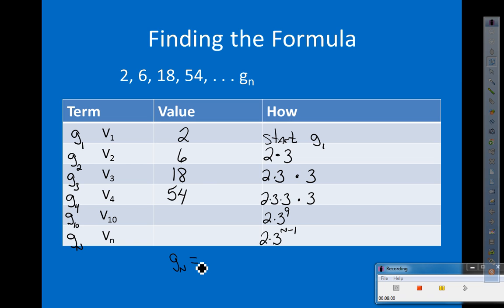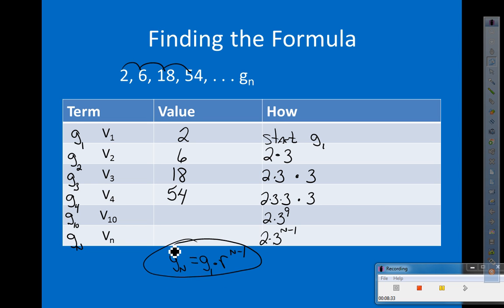G sub n equals a formula to find the value of any term that we want to talk about as long as it's geometric. Notice the 2 is in all of these. Also notice the 2 was our first term, so I'm going to call that G sub 1. Times, notice the 3. The 3's are in every term. Notice that's my R value. So my formula so far is G sub 1 times R to the n minus 1.